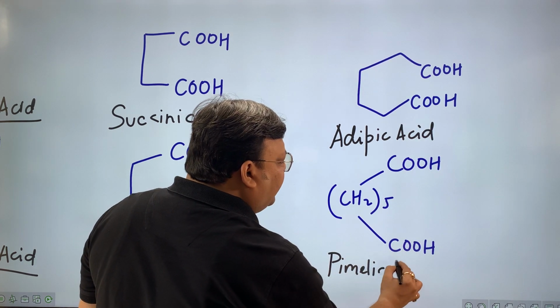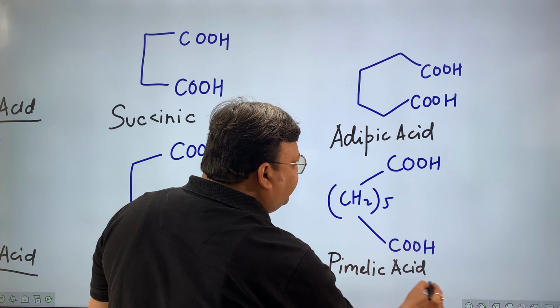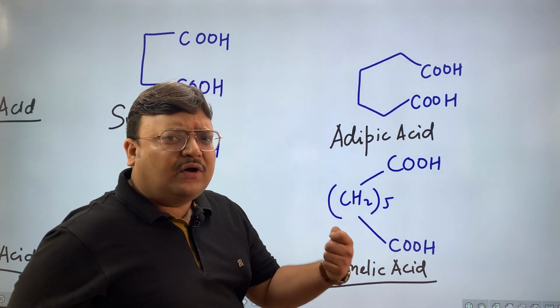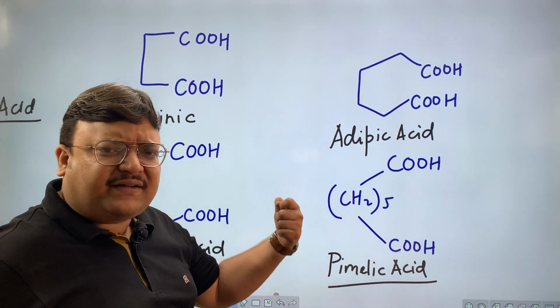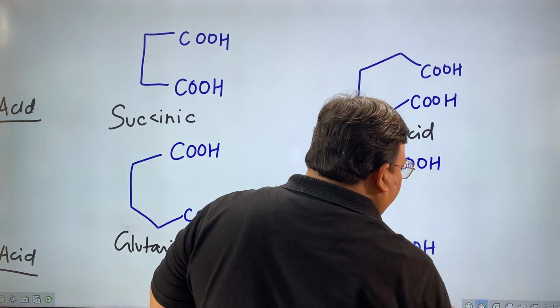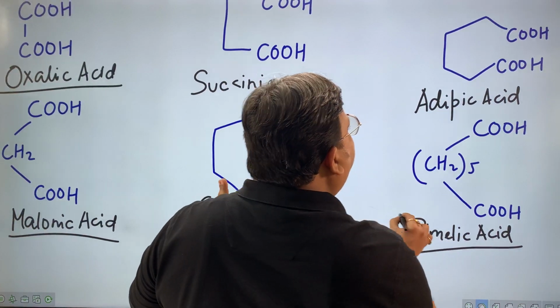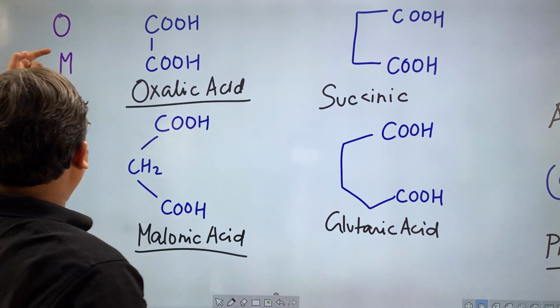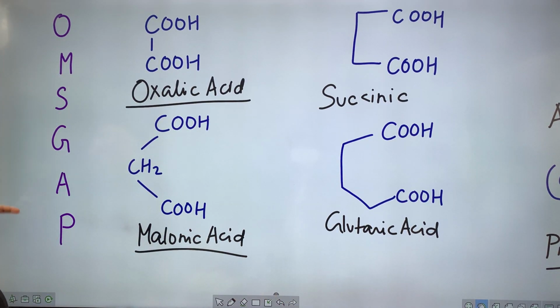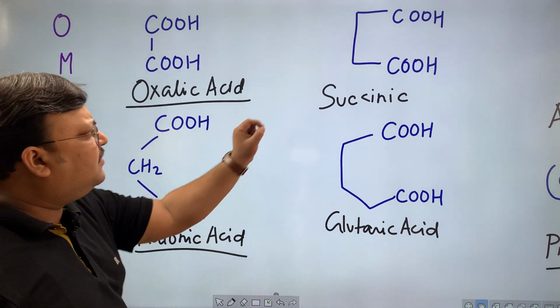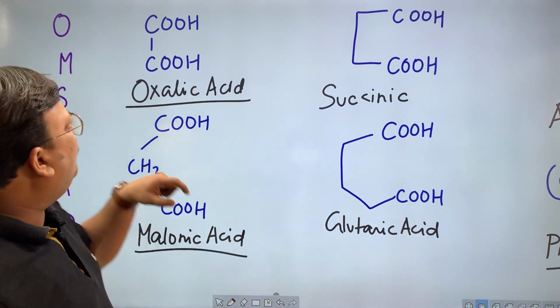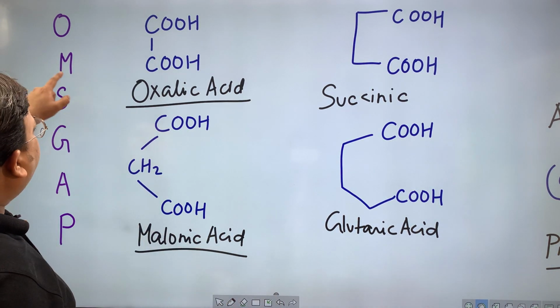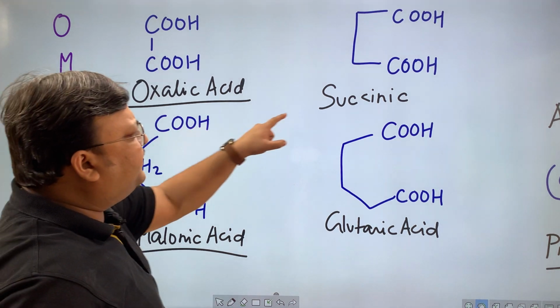So before everything you would want to recall these names. We are supposed to know these names: oxalic, malonic, succinic, glutaric, adipic, pimelic. And a very nice mnemonic, most of you would have heard of it, is Ohm's gap. Ohm's gap is taking the first word of all these names. So O would stand for oxalic, M for malonic, S for succinic.